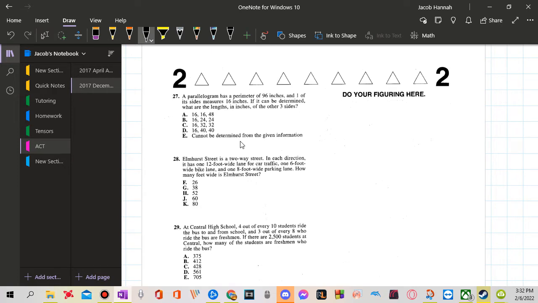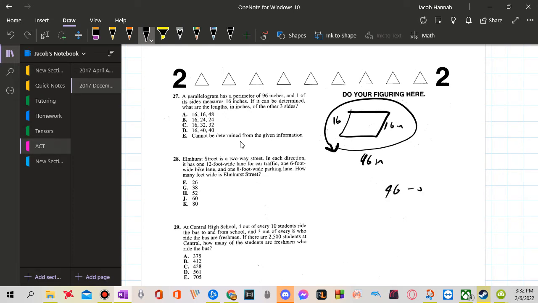A parallelogram has a perimeter of 96 inches and one of its sides is 16 inches. Alright, so draw a picture. If it can be determined, what are the lengths in inches of the other three sides? Well, we know two sides are the same, so let's let that be 16. 96 minus 32 equals 64.